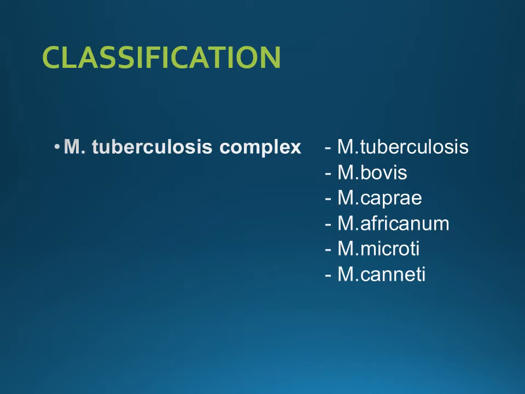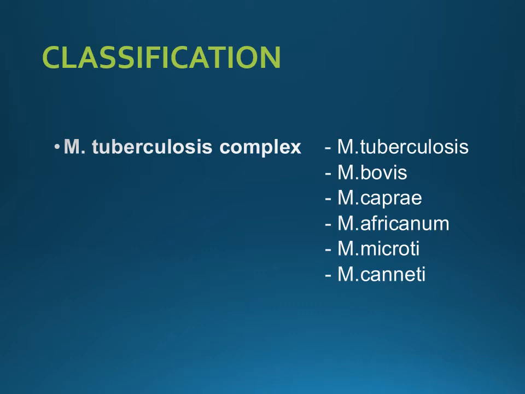Other than that, certain mycobacteria cause disease in certain animals, and they can cause infection in humans also. So a complex has been formed, the Mycobacterium tuberculosis complex, which can all cause TB disease in humans. But remember, the most important is MTB, Mycobacterium tuberculosis, which is the main cause of infection in humans.